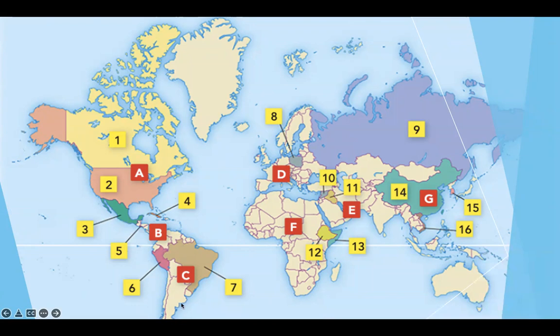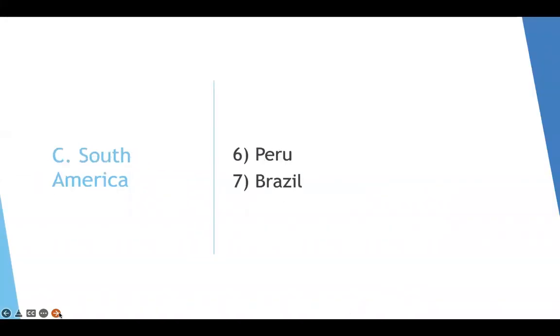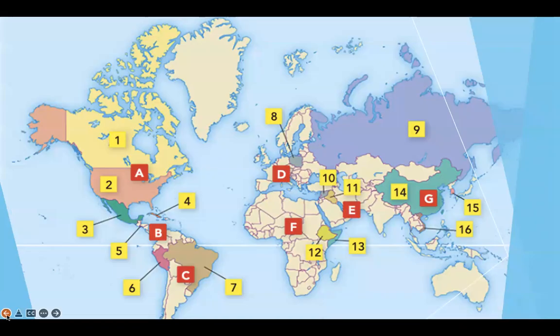All right, does anyone know what region is labeled C? This is South America, and the 2 countries that are labeled are Peru and Brazil. So this is South America, Peru, and Brazil.